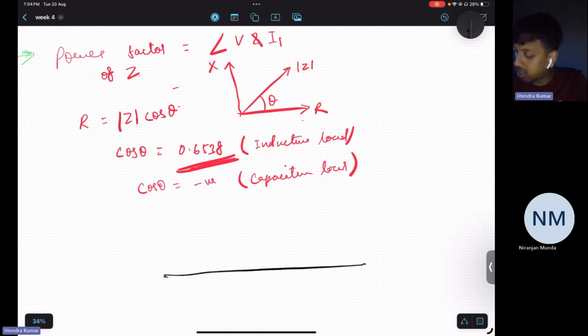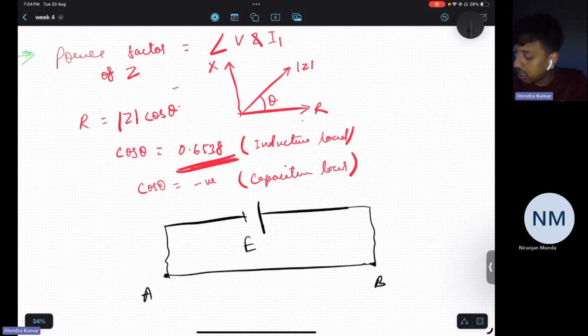You have these two contact terminals A and B, and across that you would have a supply. A and B is denoting the full value of E.